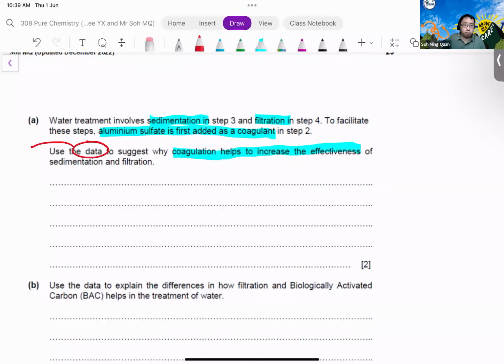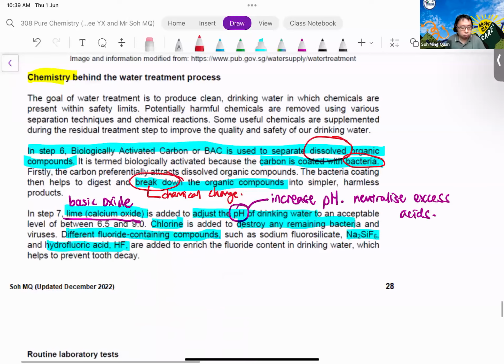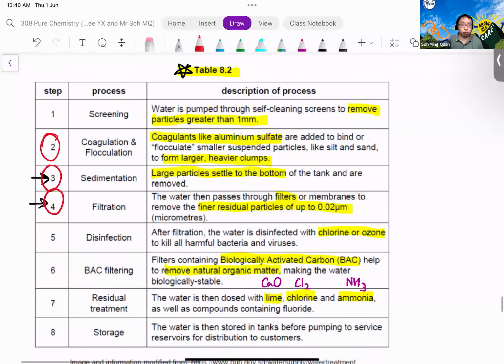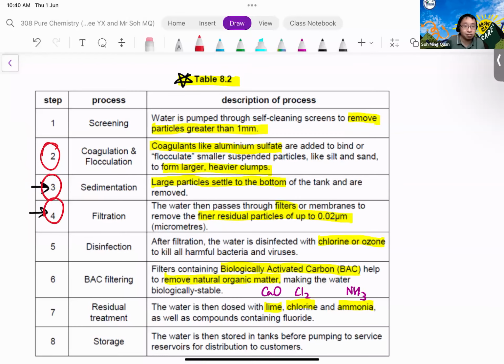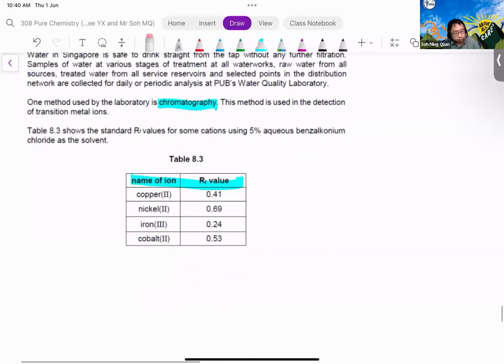If you look back at your paper, where do you find these words? It's here, Table 8.2. Make sense? So this is where the answer for part A comes from. You need to read Table 8.2. The data they are referring to is the information from Table 8.2, not a graph, not a number.